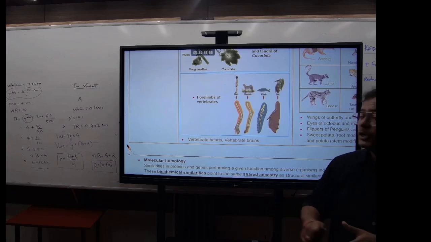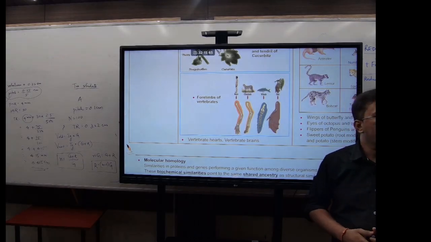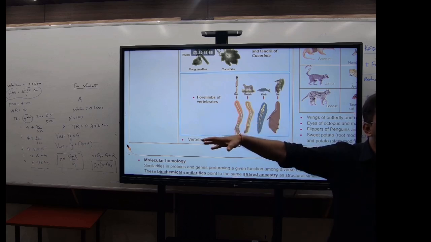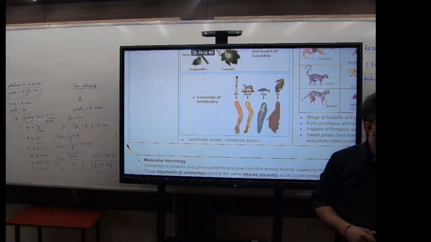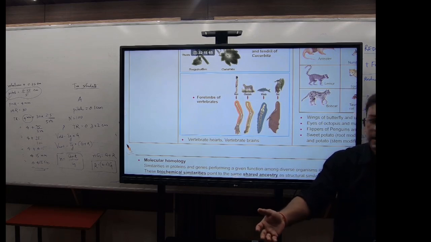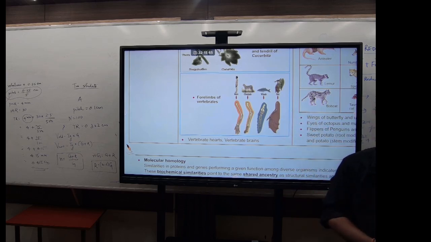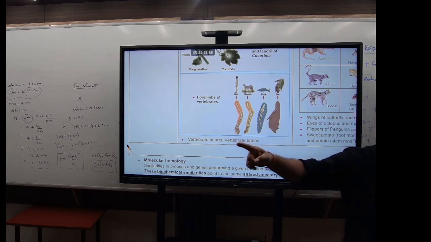But they're modified. In human, the forelimb is modified to grasp things or hold on to things. In cheetah, it is for a fast run. In whales, modified to help in swimming. In bats, modified to help in flying. Same structure but different function.